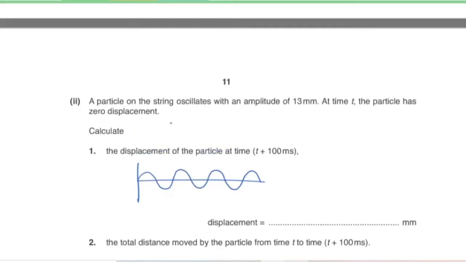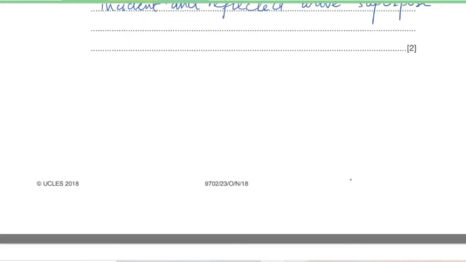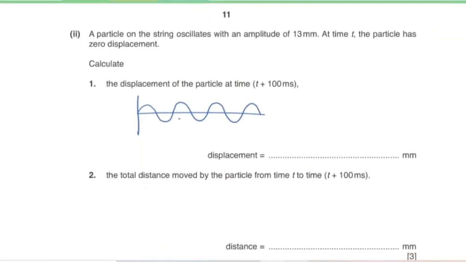According to the previous part, this stationary wave has a period of 40 milliseconds, meaning for one complete wave, I will be labeling it 40 over here, and then 120. It says that it has an amplitude of 13 millimeters, so this height will be 13 millimeters, while on the x-axis we have got time period.